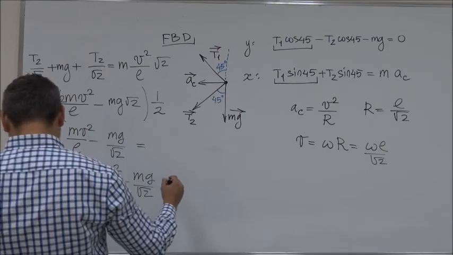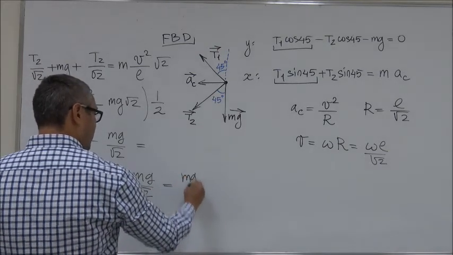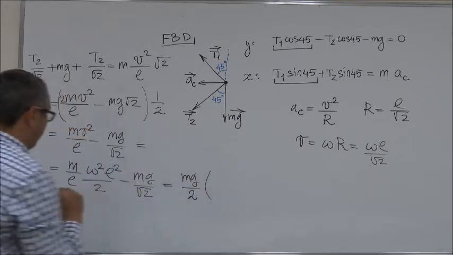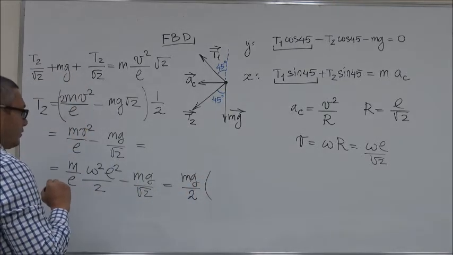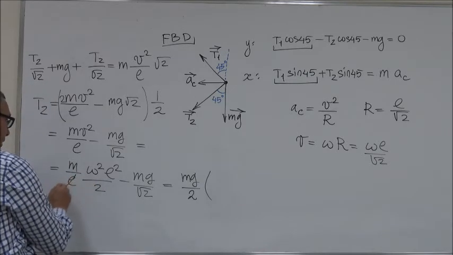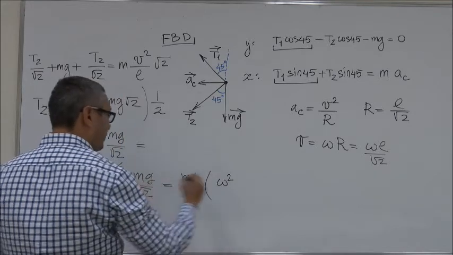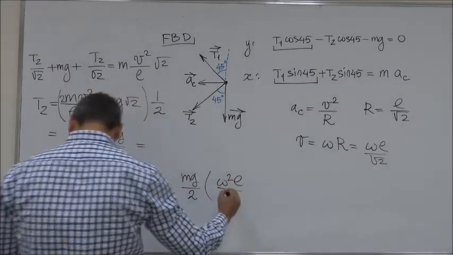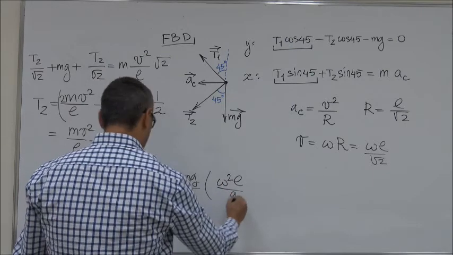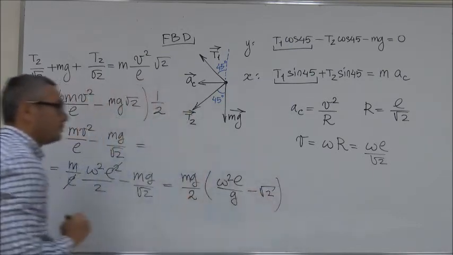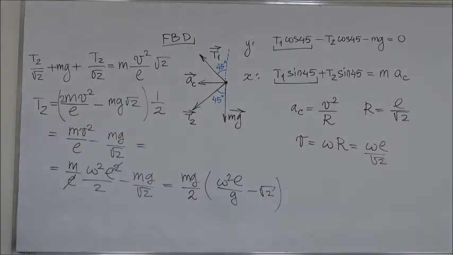So I'm going to say that this is equal to mg over 2, so this L cancels this L. So I have omega squared L over g minus square root 2. So this is the final answer for tension 2.